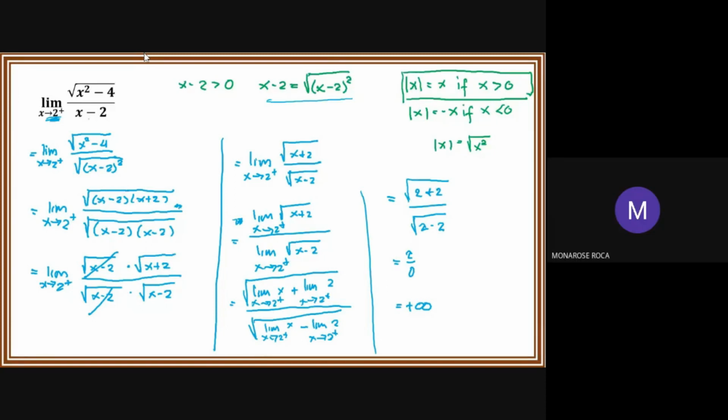Pwede naman, tapos kapag po kasi dinistribute po si radical or ginawa pong in exponent form, which is 1/2, magiging ano na po, pwede naman pong makancel yung numerator po, di ba?